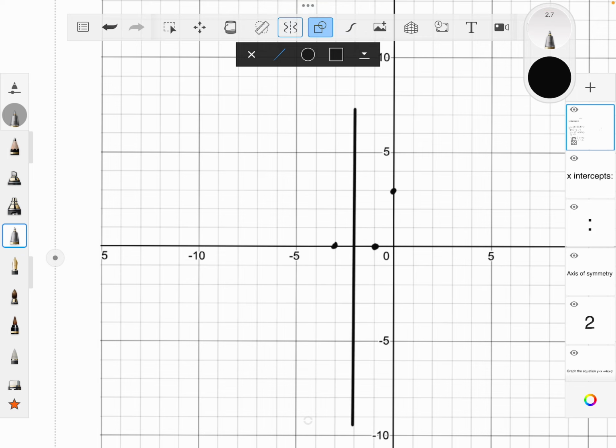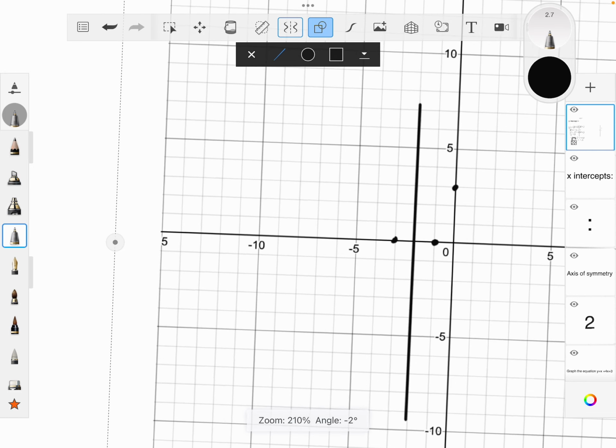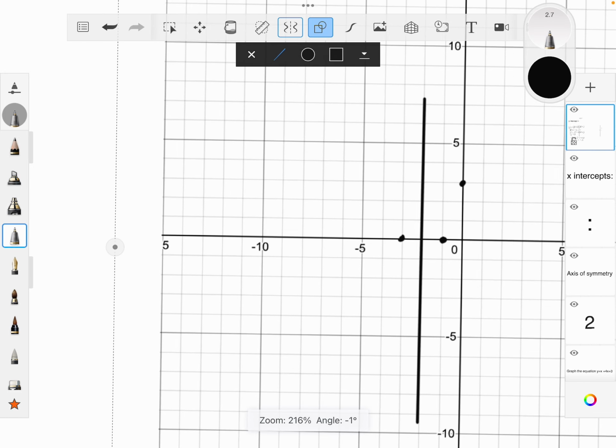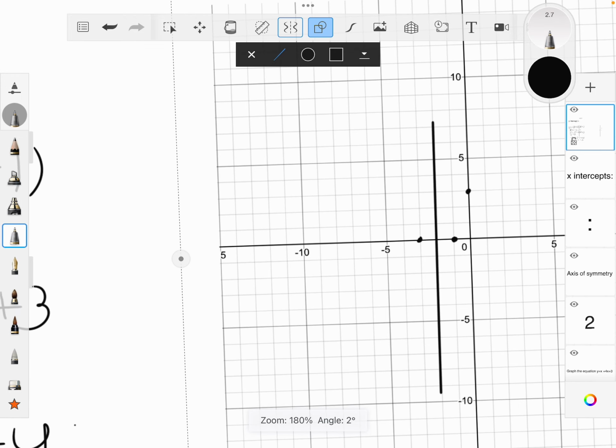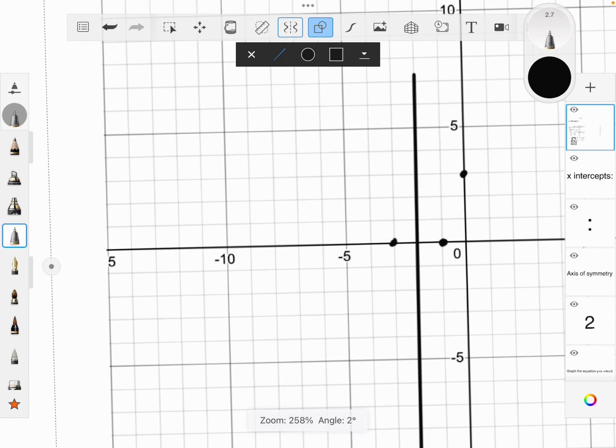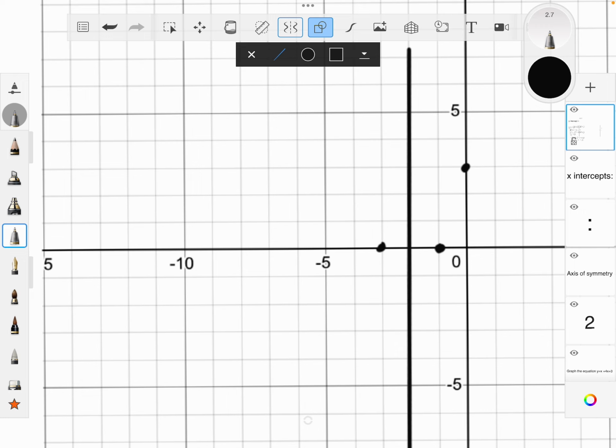Okay, now that we have that drawn out, all we have left to do is find the vertex. Actually, before finding the vertex, the axis of symmetry, if you know what symmetry is, it's basically the opposite of the other side.